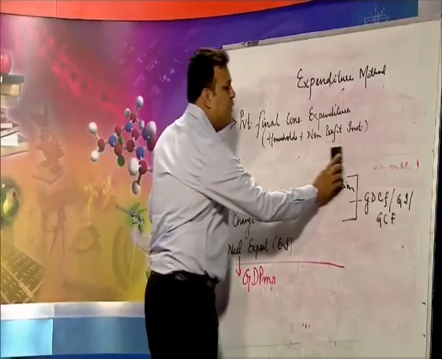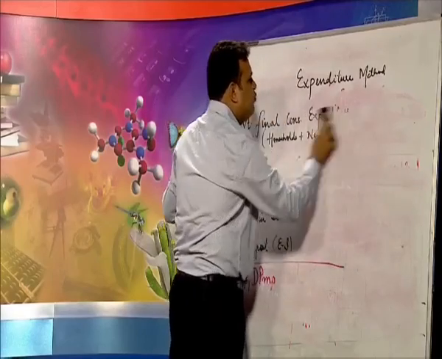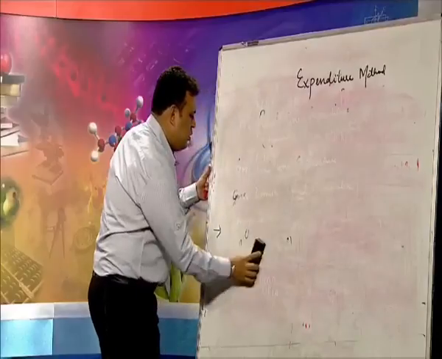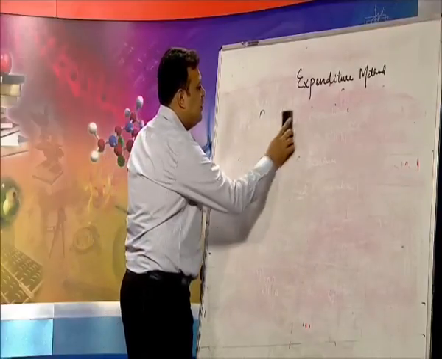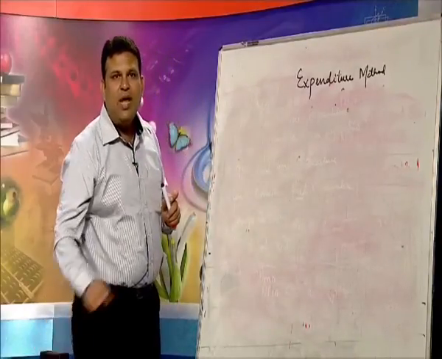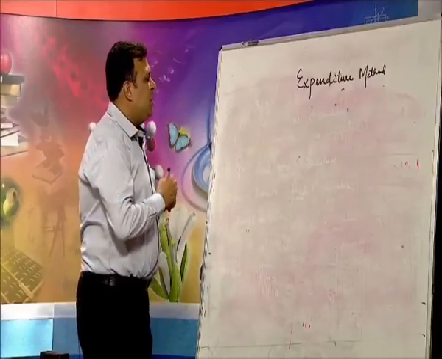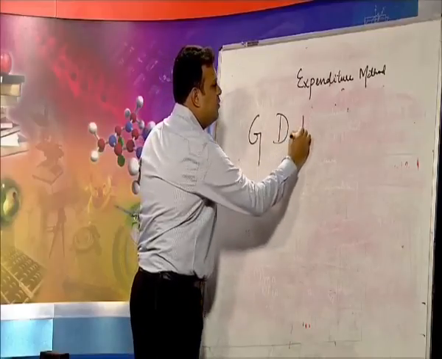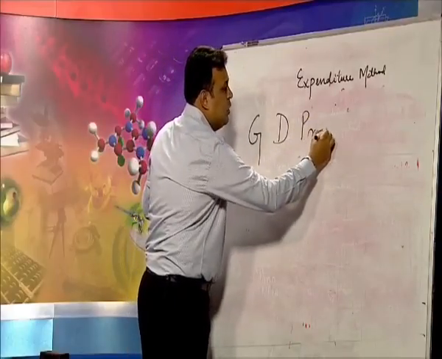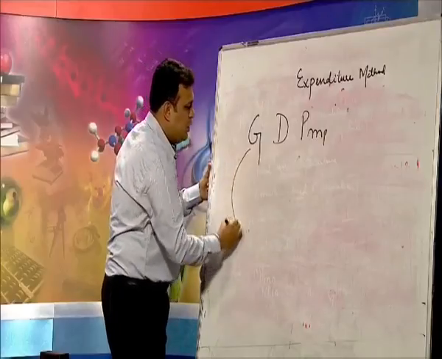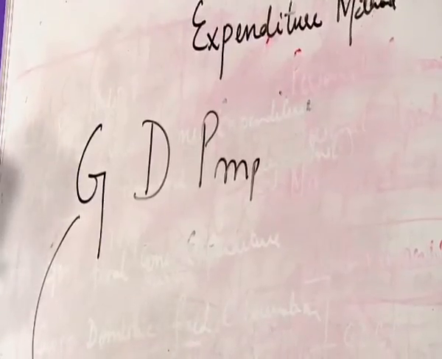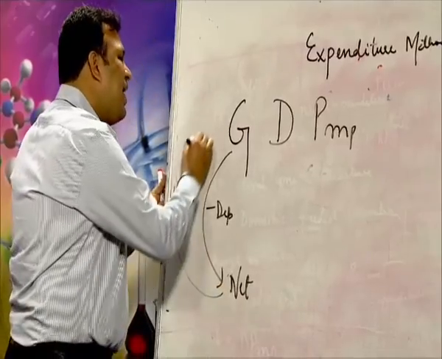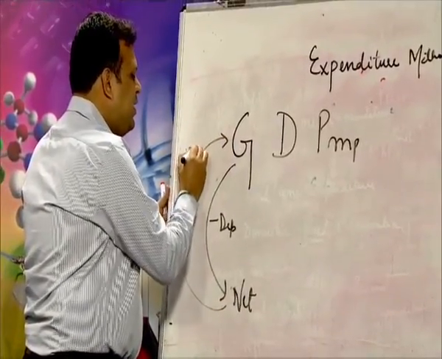I'll give you some tips related to this method that you have to keep in your mind. Although we did this in the first introductory session about national income accounting, if it is GDP at MP, this is the first hint for you. If you want to make it net, deduct depreciation. If you want to make net gross, add depreciation.